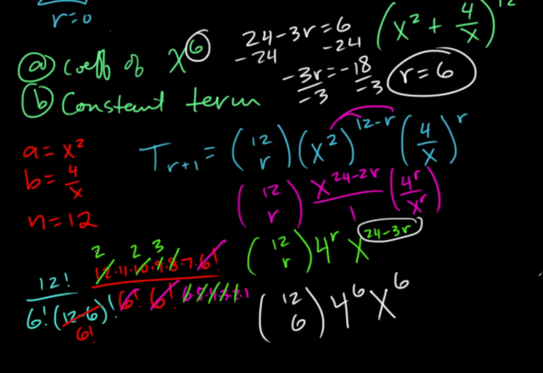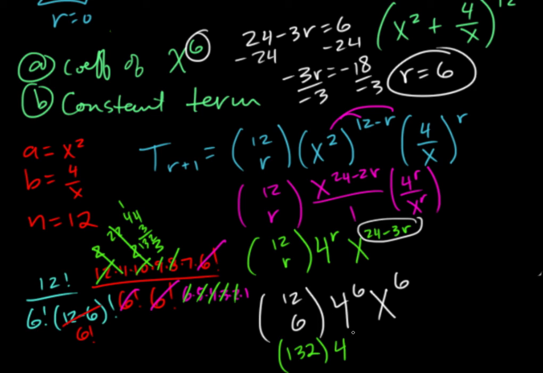So 2 times 11, 22. 22 times 2, 44. 44 times 3 would be, what does that give us? 44 times 3 is 132. So this thing goes to 132.